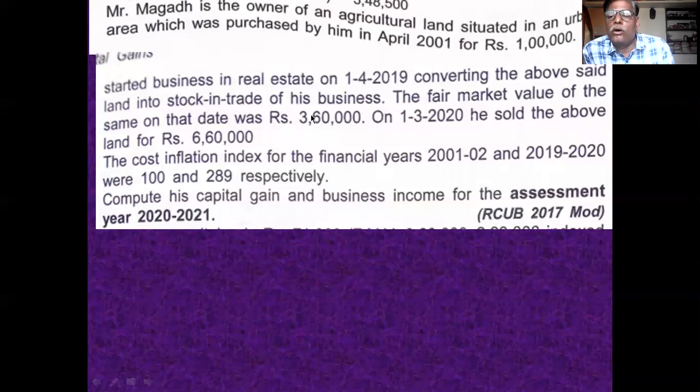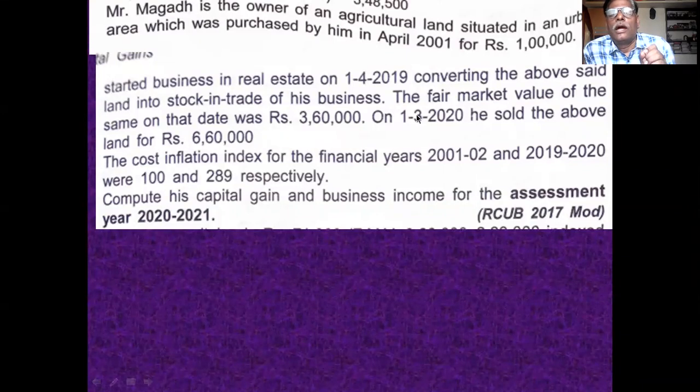For a fertilizer shop, fertilizer is the goods. Medical shop, medicine is the goods. In the same way, for real estate business, land is a good. Land is a stock. Remember this. So the above land is converted into stock in trade.